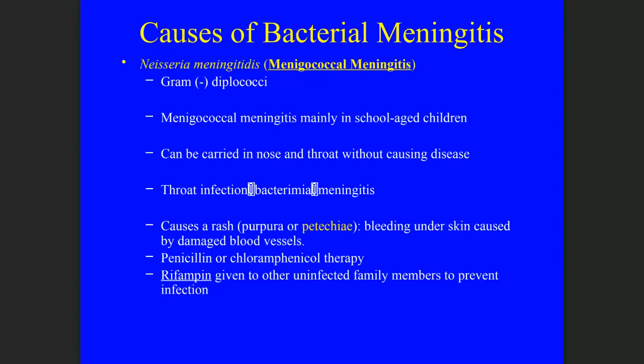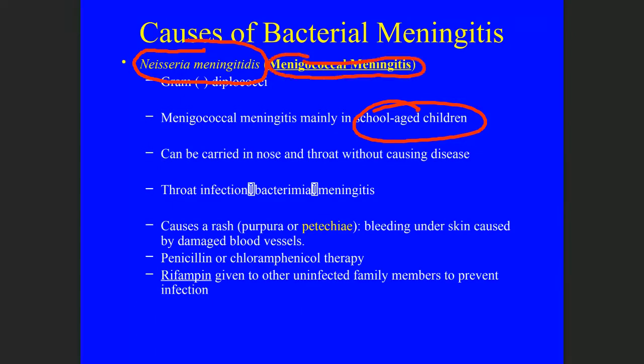All right, now our next age group. We are now with school age children, so kindergarten, first grade, second grade, and the number one cause of bacterial meningitis in school age children is Neisseria meningitidis. Sometimes they'll refer to the meningitis caused by this bacteria as meningococcal meningitis, because if you look at this bacteria under the microscope, it is a coccus.